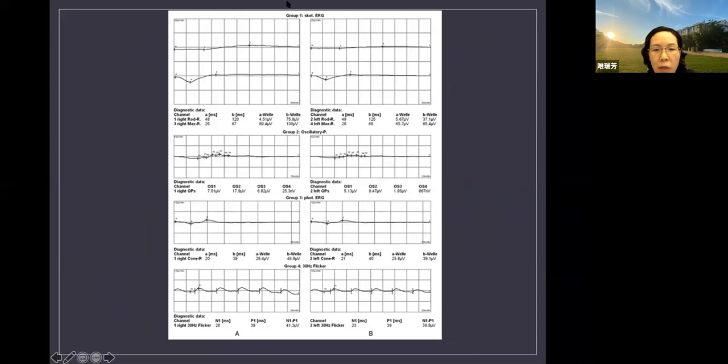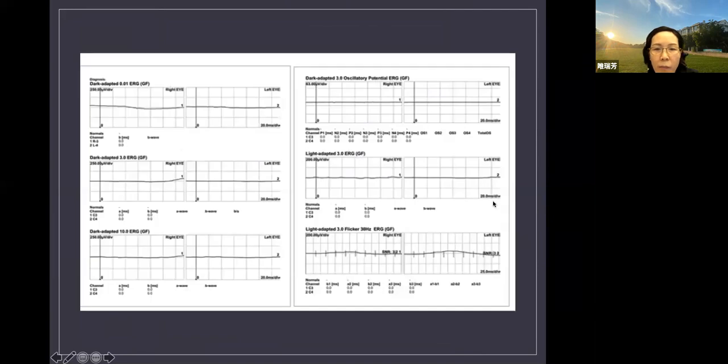For example, this patient still has a recordable ERG. But this patient has a non-recordable ERG. When we have a non-recordable ERG, it doesn't mean the patient has no vision.